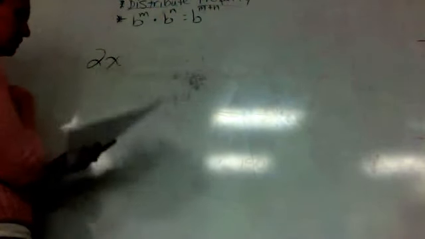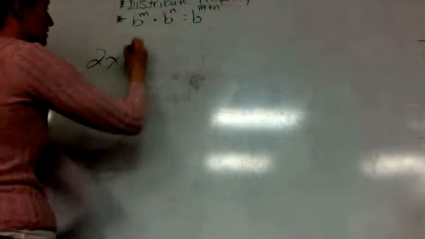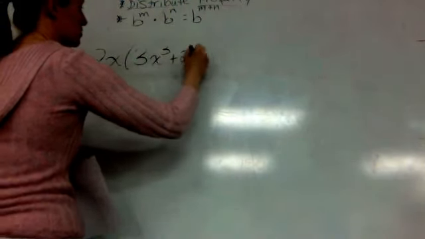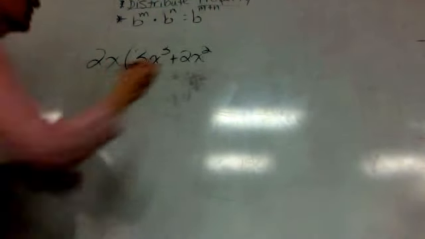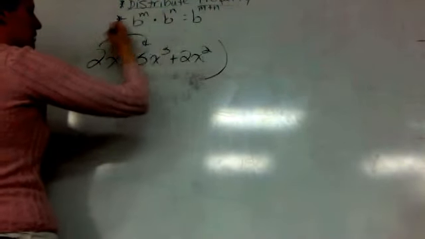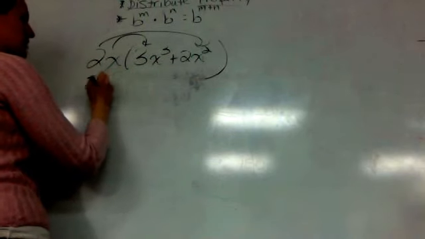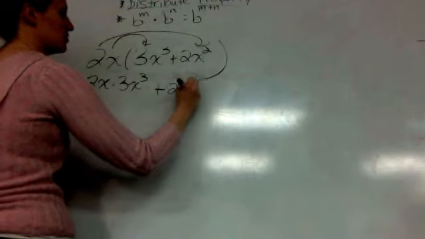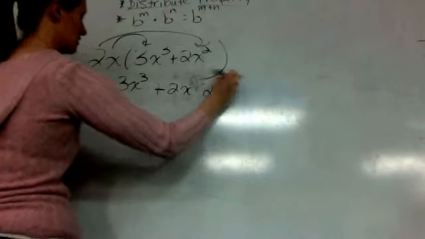We'll try a couple more examples. Here's one that is a little more using of this property of exponents. 2x times 3x to the third plus 2x squared. Again, we're just going to use that distributive property. So we're going to take 2x times 3x to the third plus 2x times 2x squared.